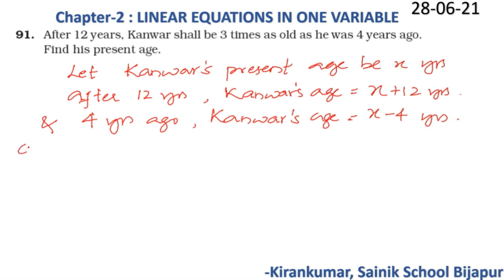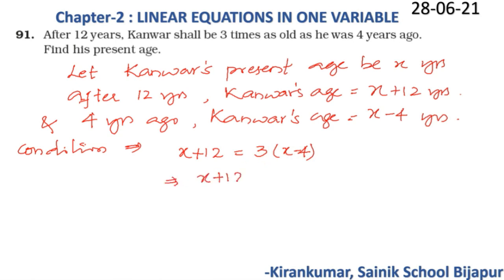According to the given condition, his age after 12 years will be equal to 3 times his age 4 years ago. This is the final equation we require to simplify.